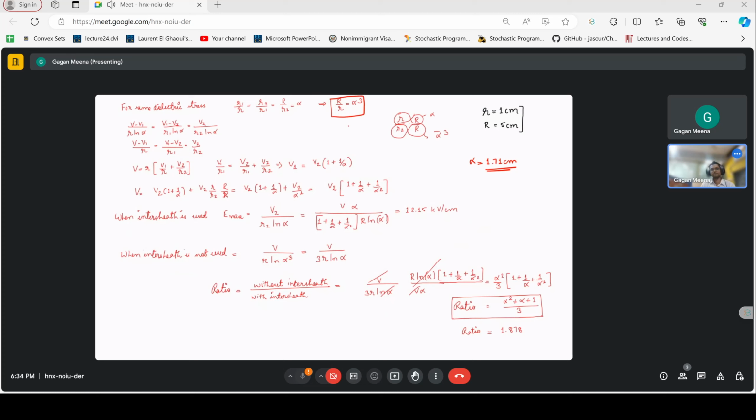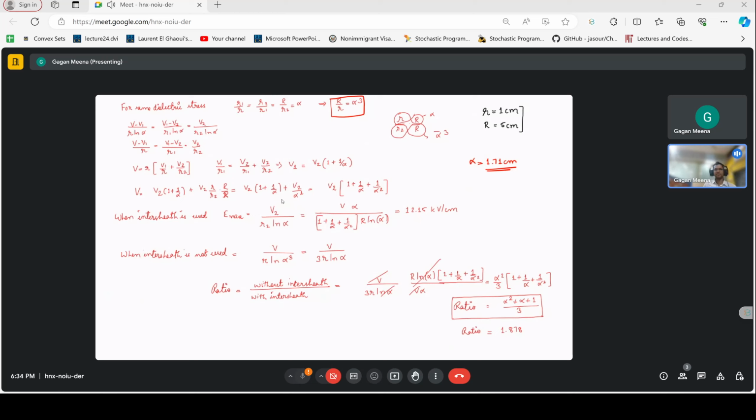So from here we can easily write two equations, and we get V equals R times (V1 by R plus V2 by R2). Using these two equations, V1 by R1 is equal to V2 into (1 by R1 plus 1 by R2).